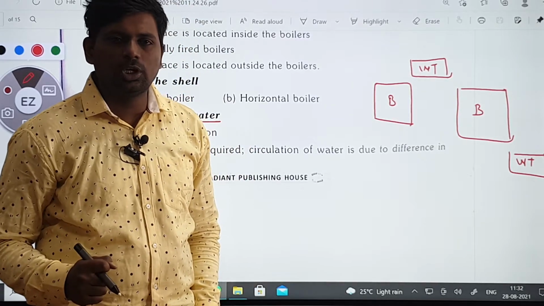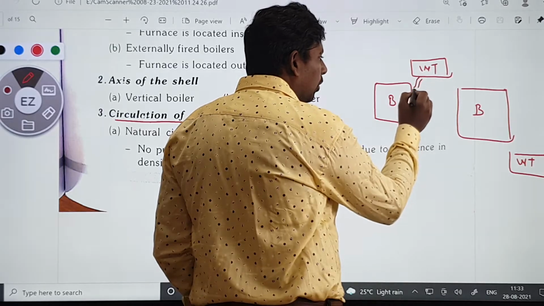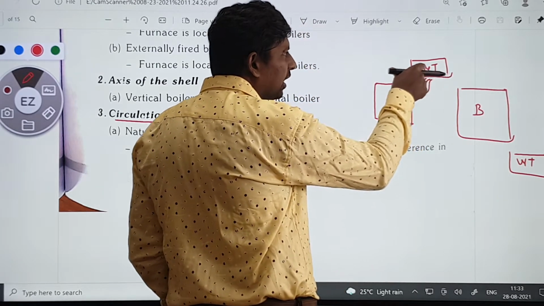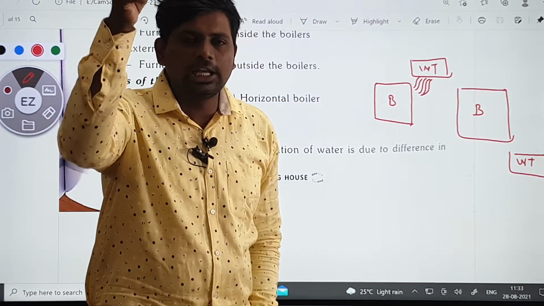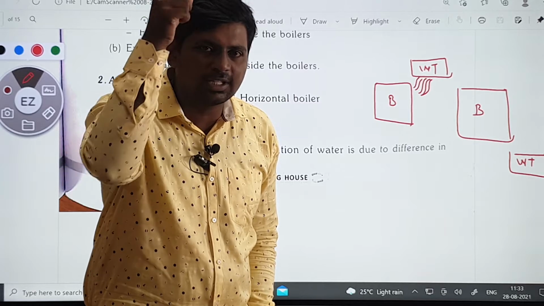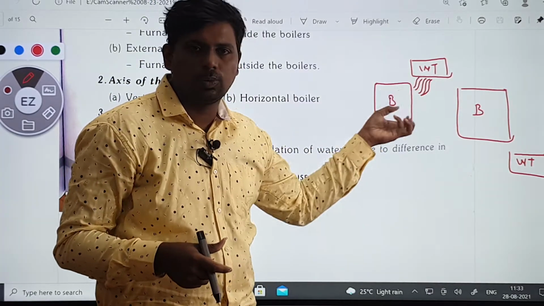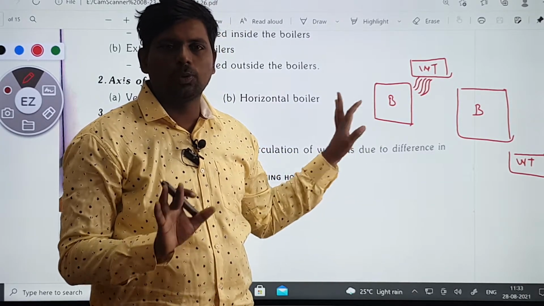What is natural circulation? Natural circulation means the water automatically comes inside the boiler, because you place the water tank at a certain elevation. Due to gravity, this water will fall down, so there is no need to provide any pump.